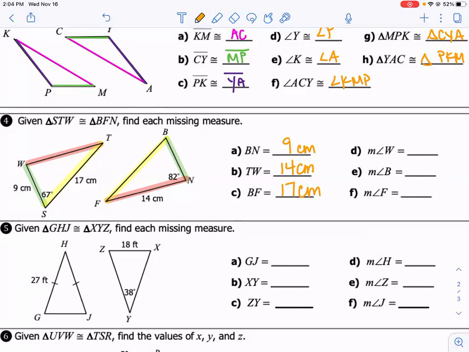Okay. Colton, what angle does angle W correspond with? Angle W corresponds with angle N. So since angle N is 82, so is W. Okay. Bryce, what does angle B correspond with?